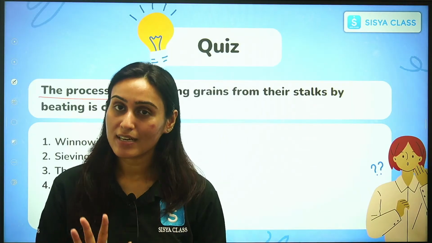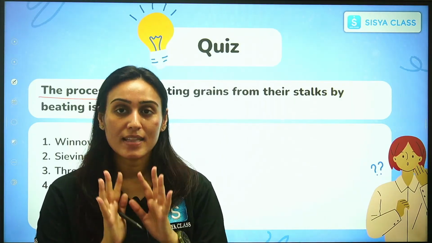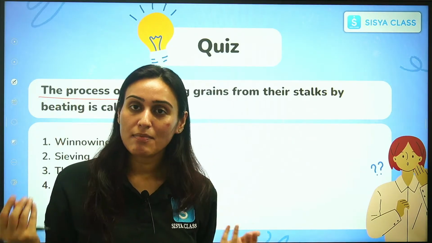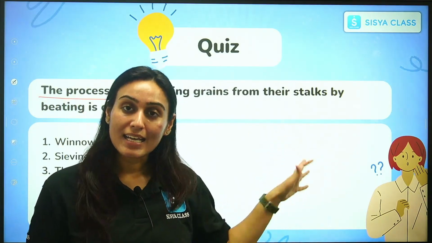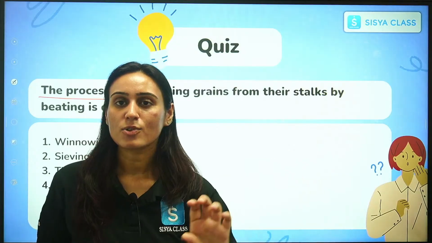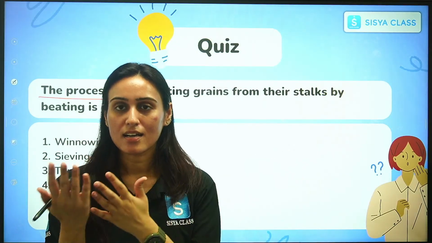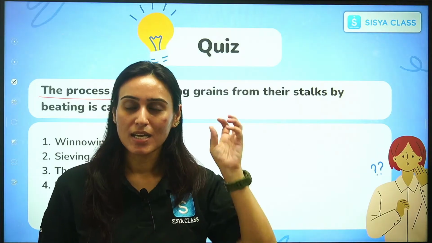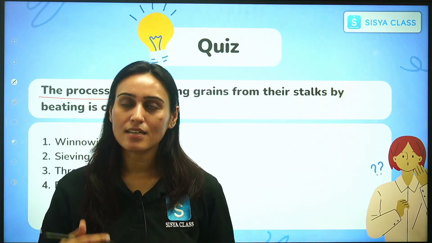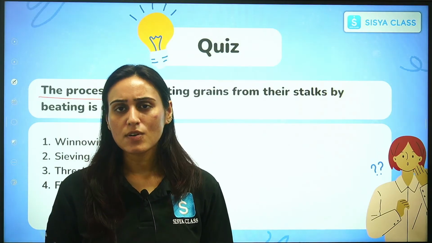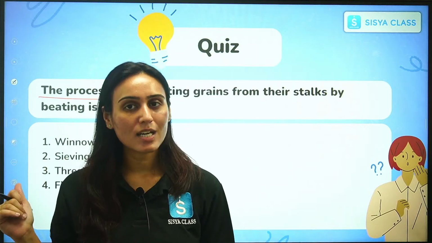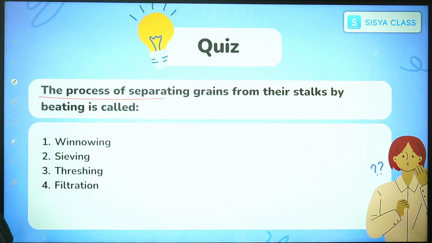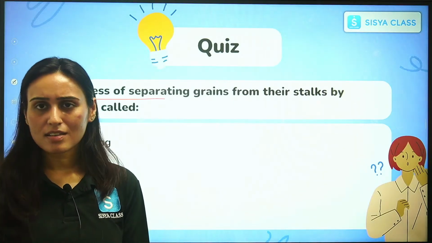But if you have read it diligently, you have given it time, then you will be able to answer those questions also, and you can memorize them easily as well. That I can relate this information to this particular concept. You will remember it for a longer period of time. So every time you learn some content, please solve 1-2 questions also on the basis of that, just like we are doing here, right? So the correct answer here will be the process of separating grains from their stalk, threshing.